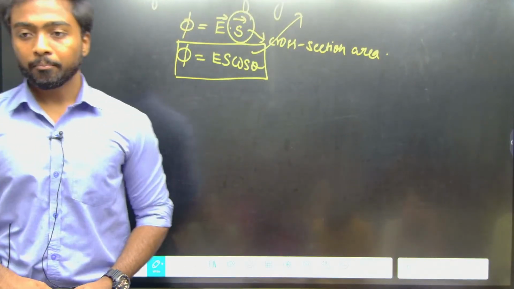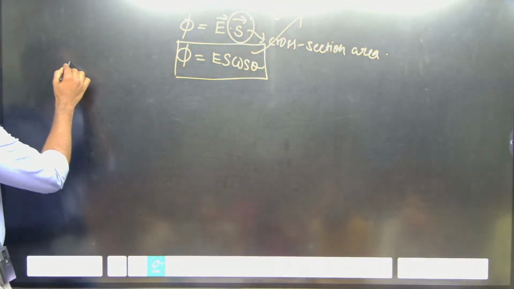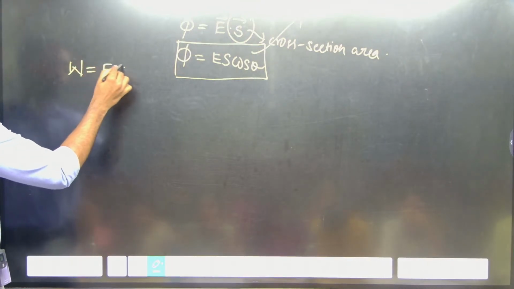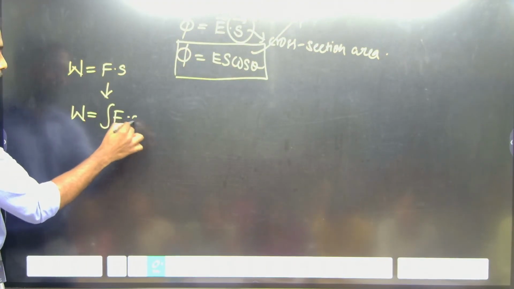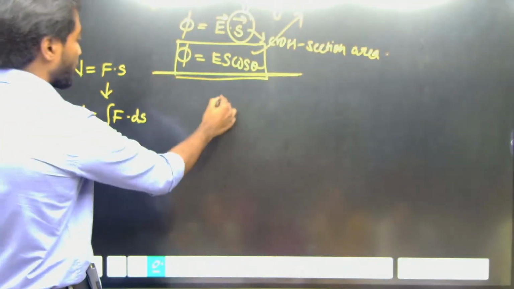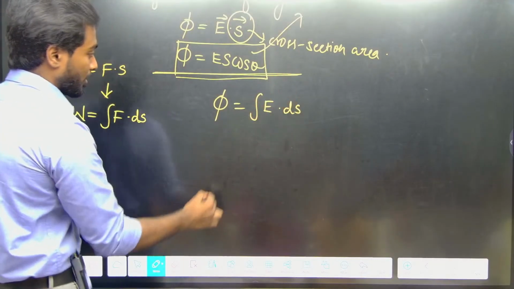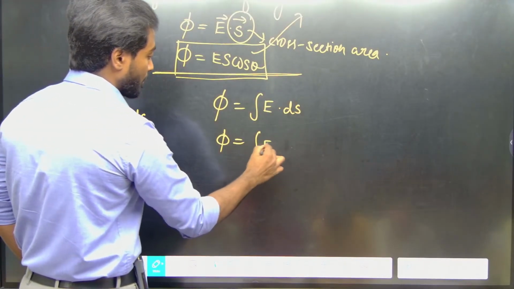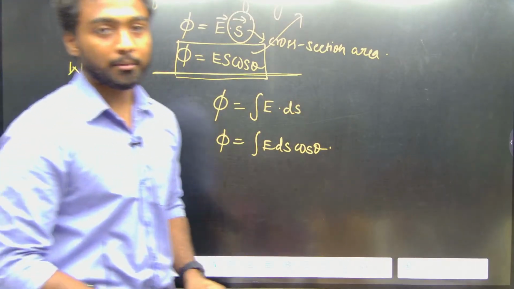This is for uniform force. When we are talking about non-uniform force, W will be equal to integral of F dot ds. Similarly, here we have talked about the uniform field. Now, for the non-uniform field, phi will be equal to integral of E dot ds, or else phi is equal to integral of E ds cos theta. This is the formula.